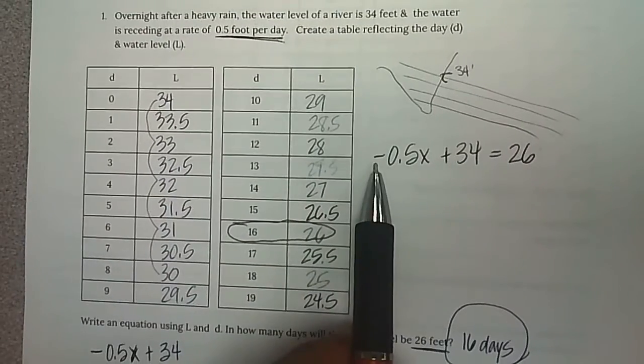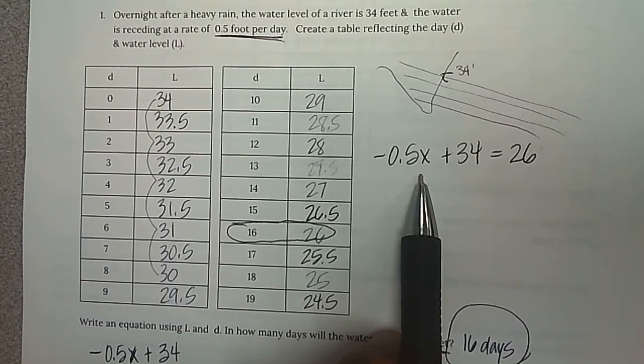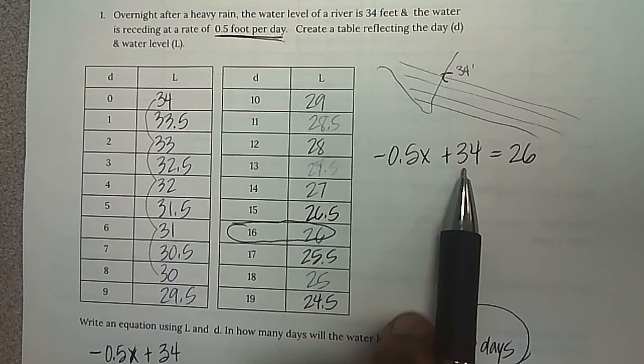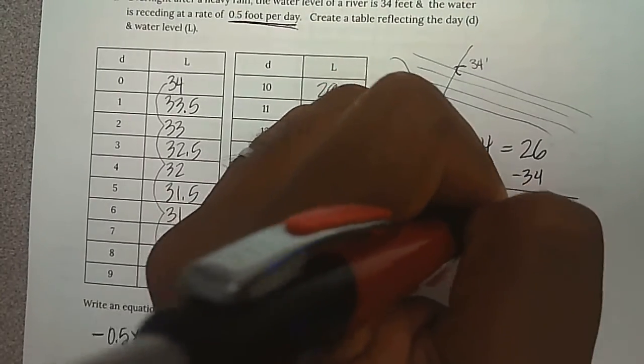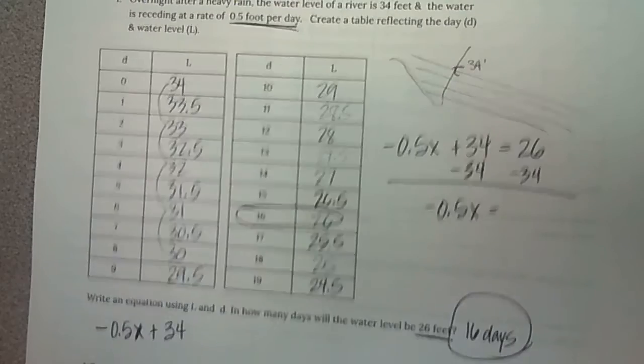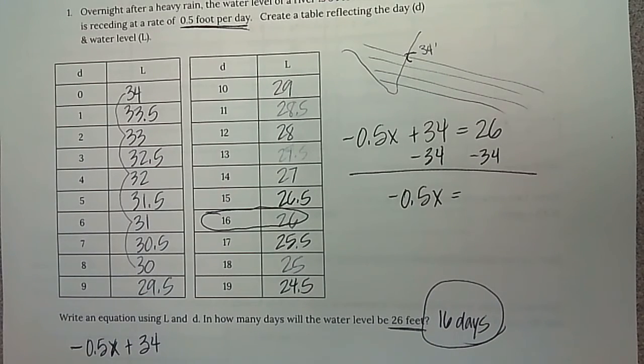So if we know it goes down half a foot and it started at 34 feet, if we get rid of that 34, what is that?